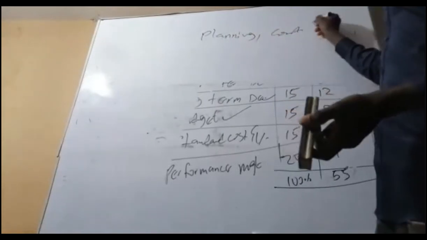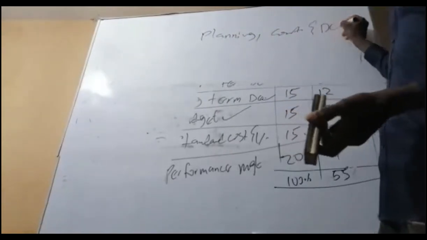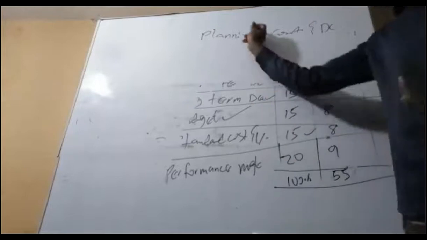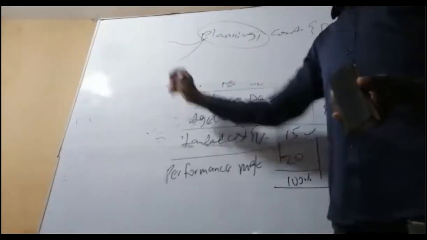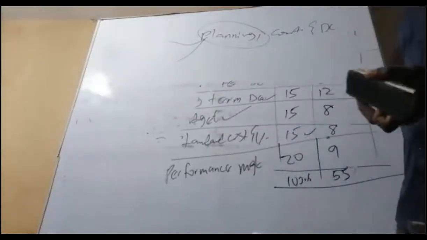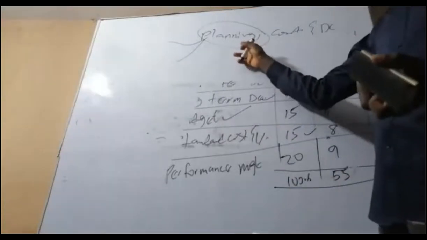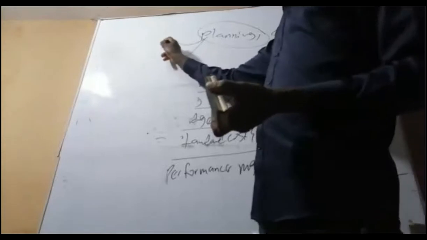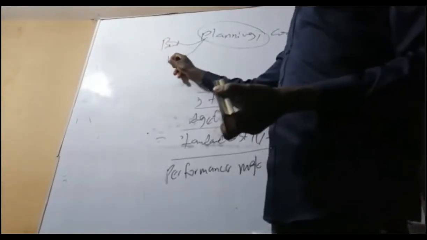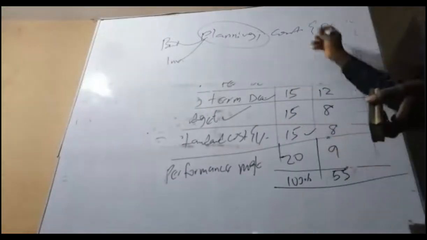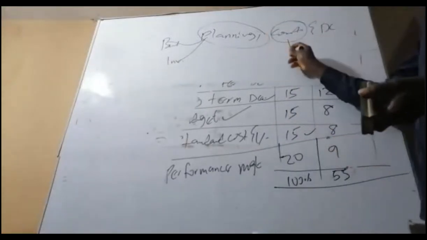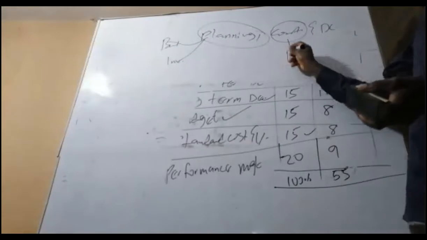Controlling and what? Decision making. Good. The planning aspect was the budget, and then investment appraisal. That's the planning. So budget and investment appraisal, that's the long-term decision-making techniques, formed under the planning. When it comes to controlling, budget also forms there.